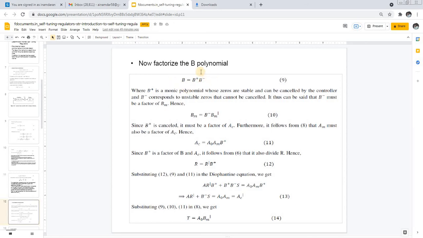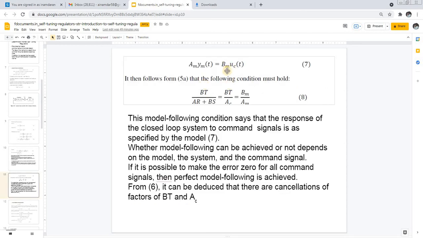This is the expression for b, where b plus is a monic polynomial in which zeros are stable and can be cancelled by the controller. And b minus corresponds to unstable zeros that cannot be cancelled. So we can say that b minus must be a factor of bm.